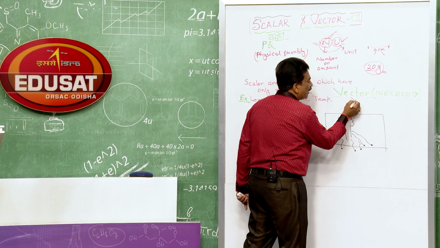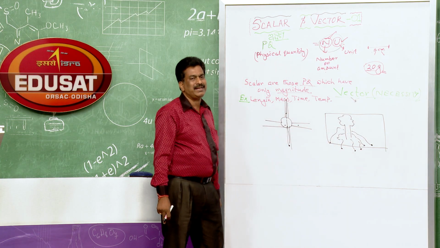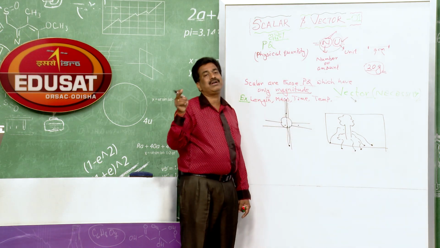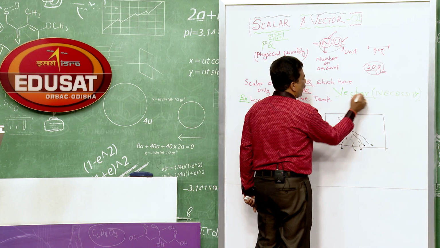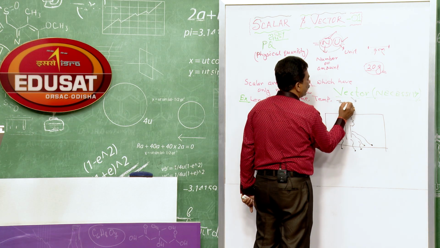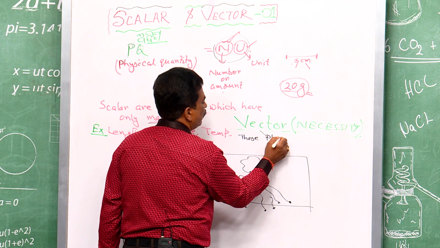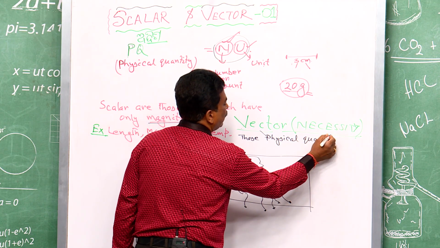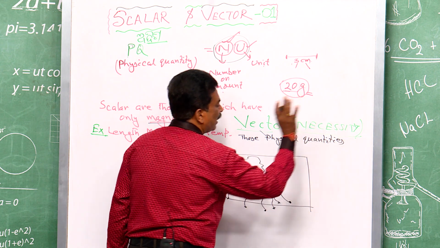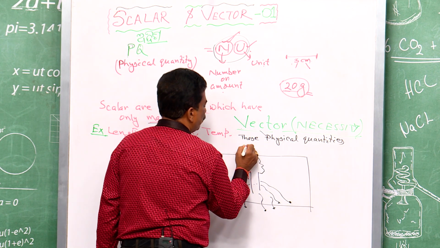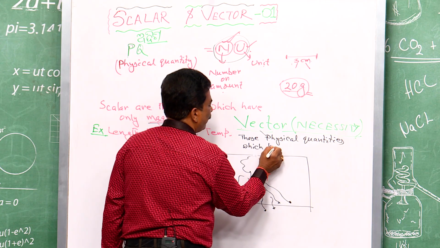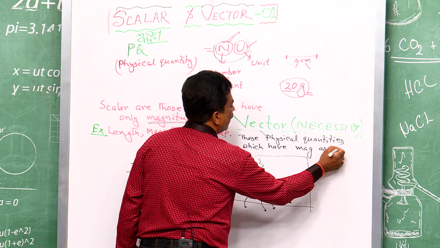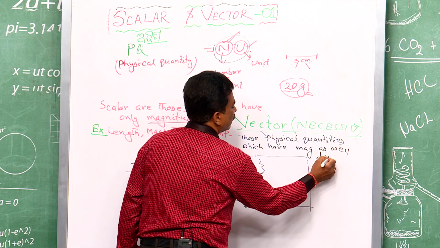Therefore, vectors are those physical quantities which have magnitude as well as direction. So vectors are those physical quantities, quantities meaning more than one quantity, which have magnitude as well as direction.